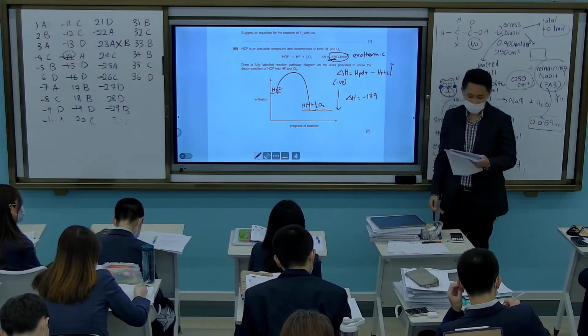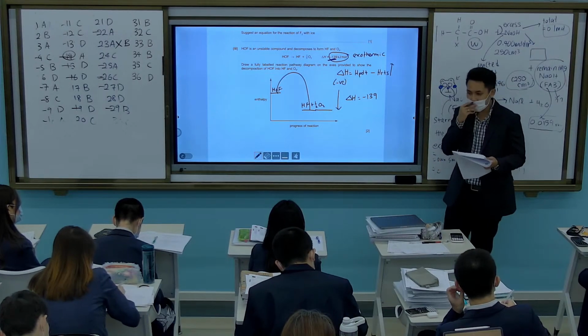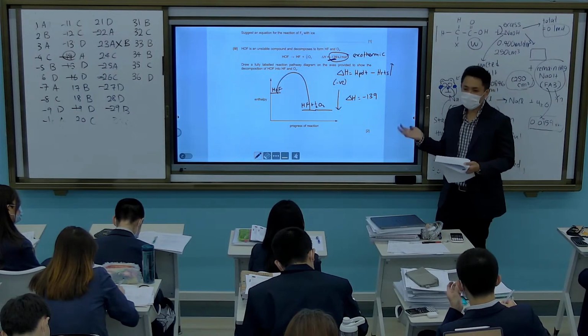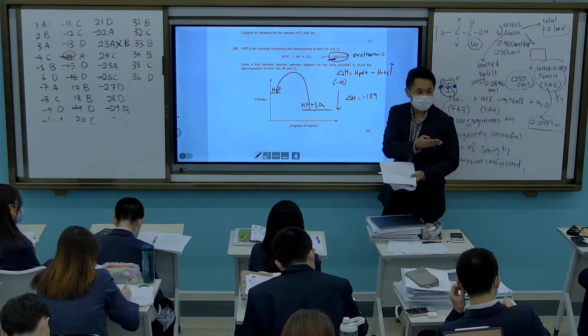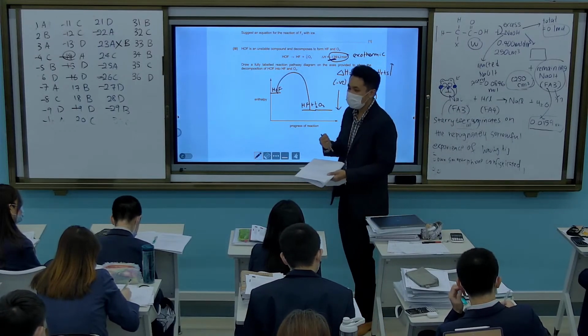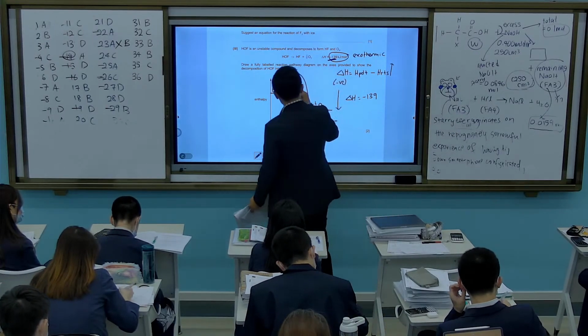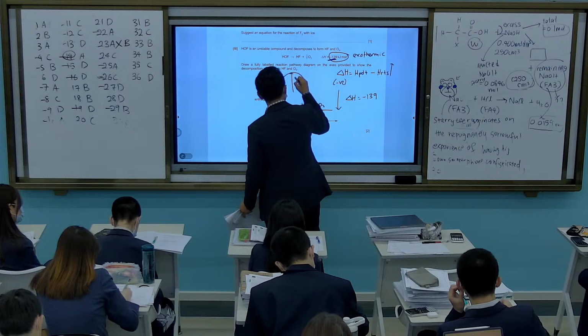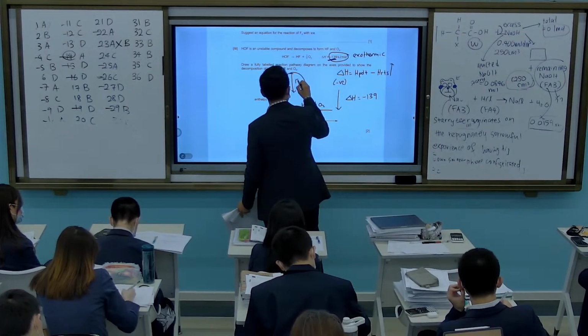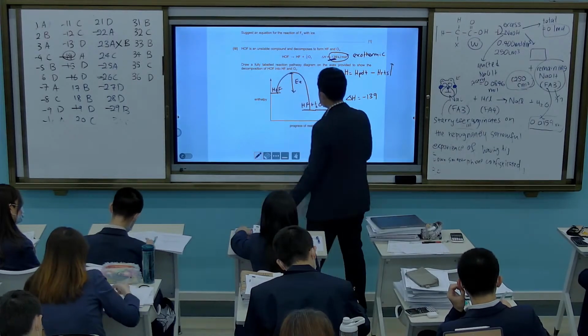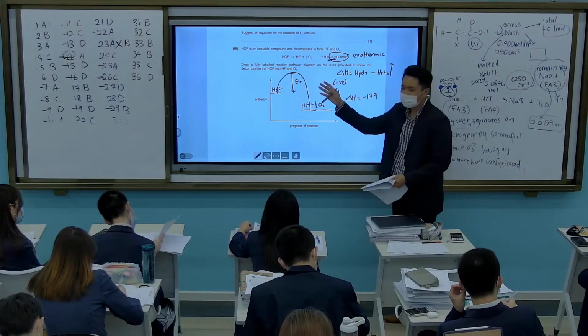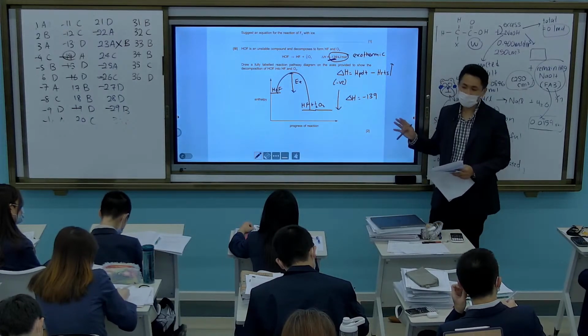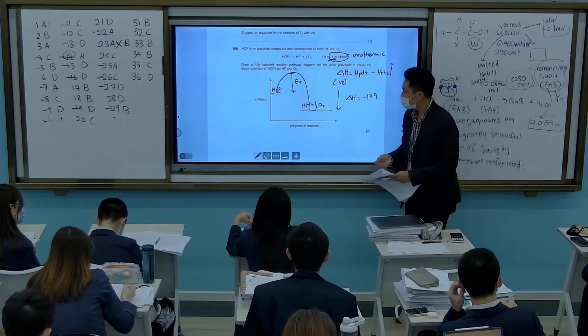And then remember what I told you: every time you draw this diagram, you must also label the activation energy. Activation energy is from the reactants to the highest point, Ea. Do not forget these two. Make your answer as complete as possible.